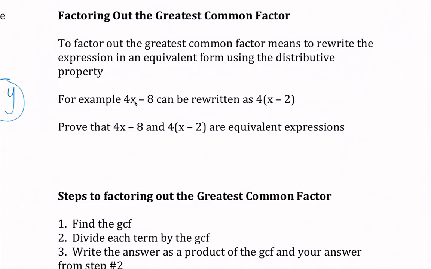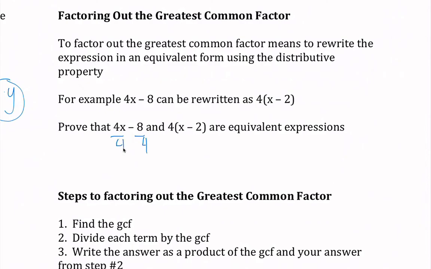Okay, I know they do not have an x in common. So I'm going to take out that greatest common factor. And the way we're going to do that is, whatever our greatest common factor is, I'm going to take my two groups and divide by 4, kind of like we did at the beginning. So divide this one by 4, divide this one by 4.